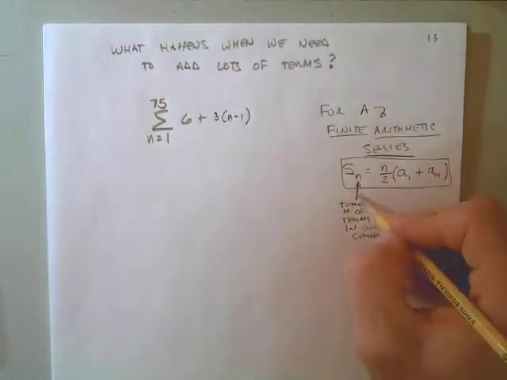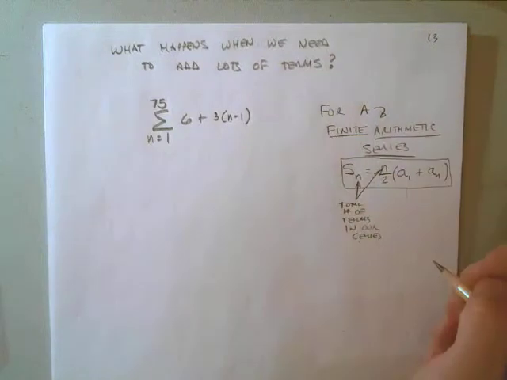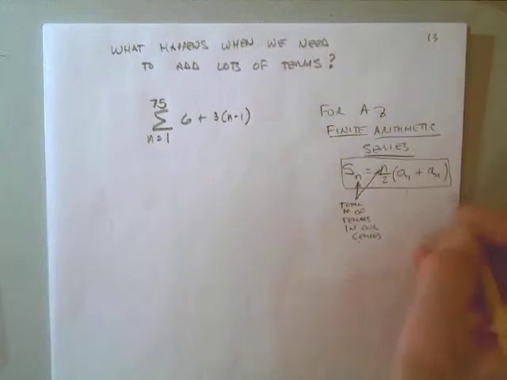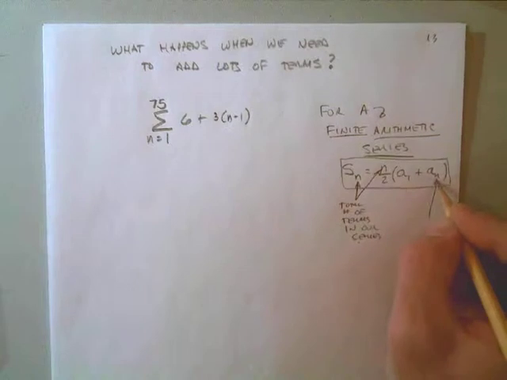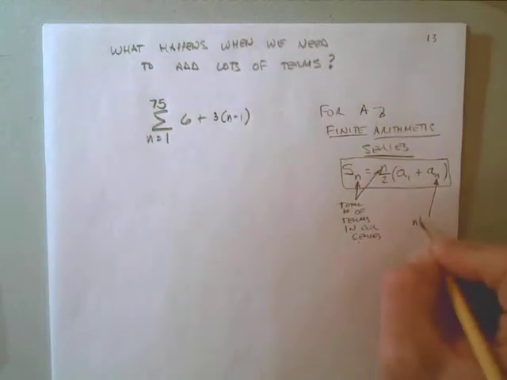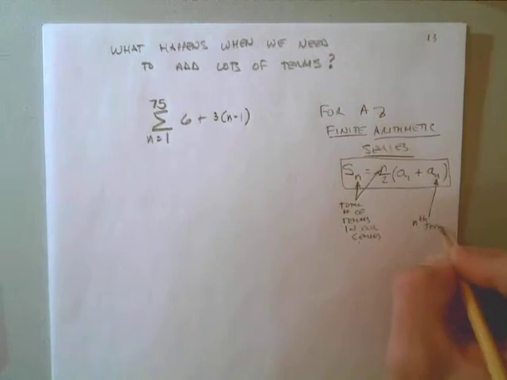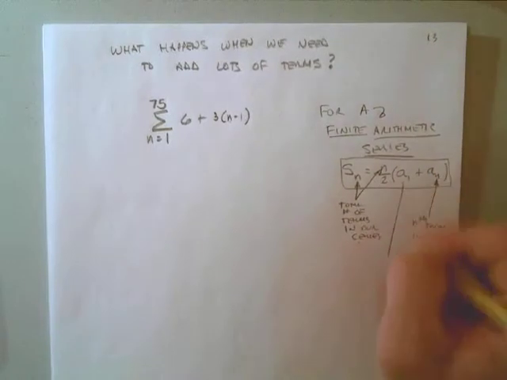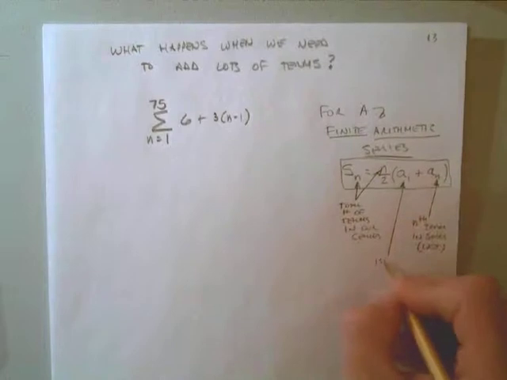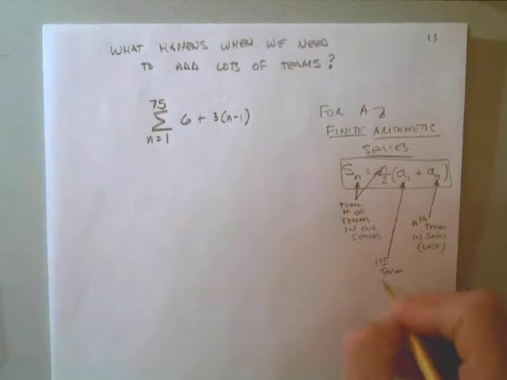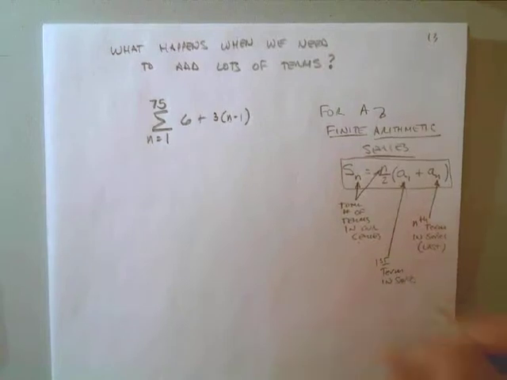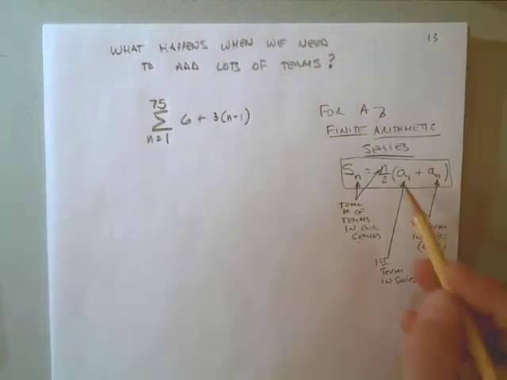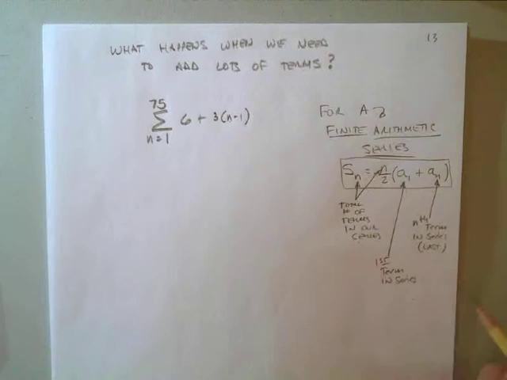And then here's where it gets doubly confusing. This n represents the nth term in the series. So that's the last term. And this one represents the first term in the series. Wherever we start, this is the first term, and wherever we end, that's the last term. Okay? So let me show you how that works.